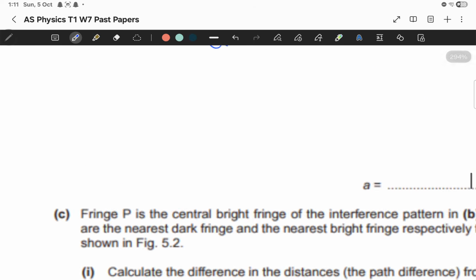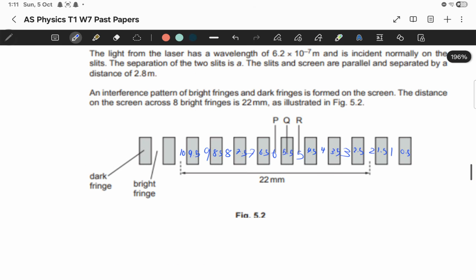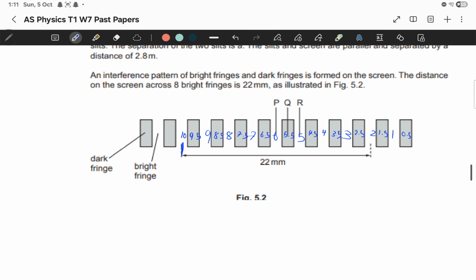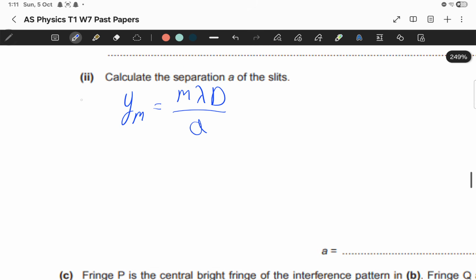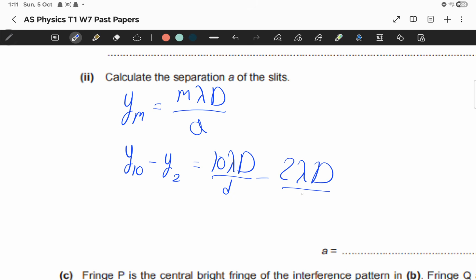Okay, now we're gonna find the distance from the 10th bright fringe to the second bright fringe. So y10 minus y2 will give me 10 lambda D over d minus 2 lambda D over d. This is just going to equal 8 lambda D over d. And how much is this equal to?